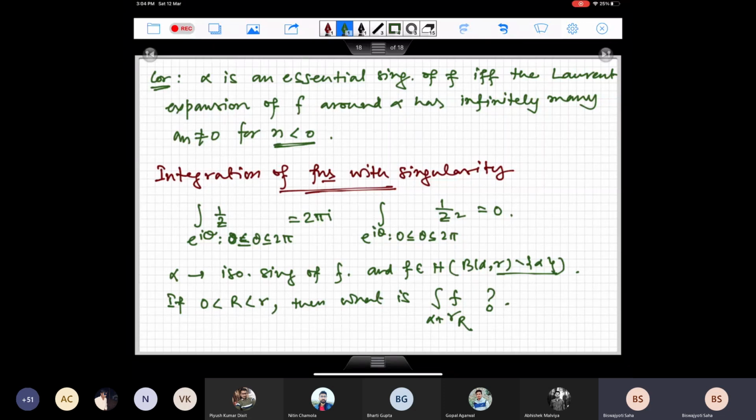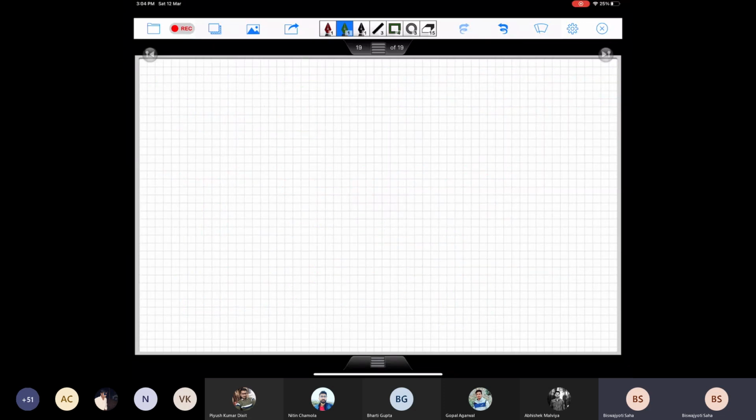Okay, now I know I can write down an absolutely convergent or uniformly convergent Laurent expansion. So we can write f of z is equal to the summation over n in Z of a n times (z minus alpha) to the power n. This Laurent expansion is uniformly convergent on any compact subset of B(alpha, r) minus alpha.